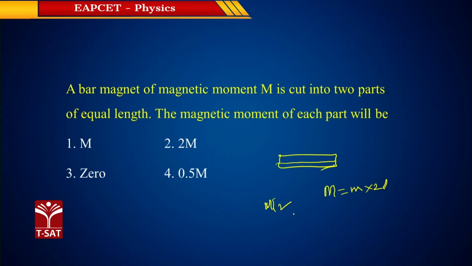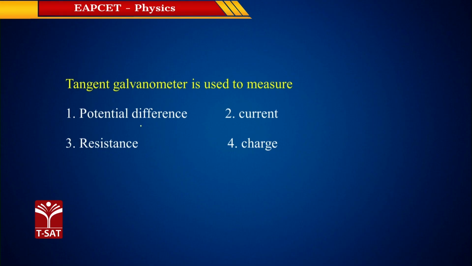Okay, here this is, you can take that m by 2. Tangent galvanometer is used to measure potential difference, current, resistance and charge.